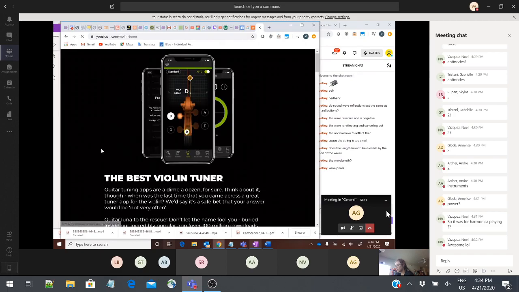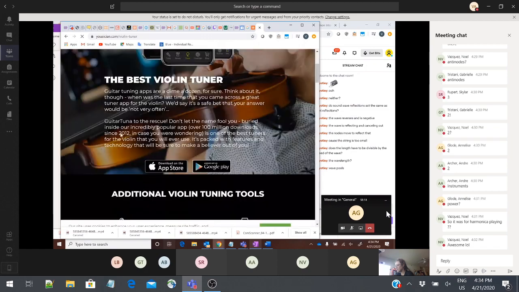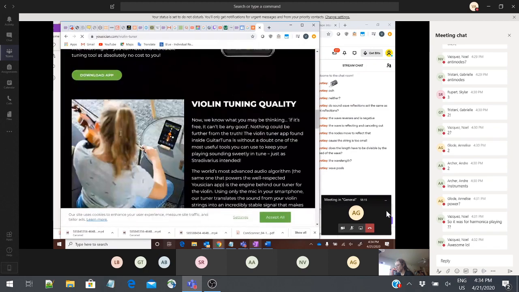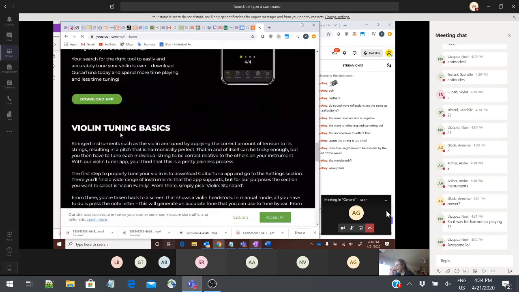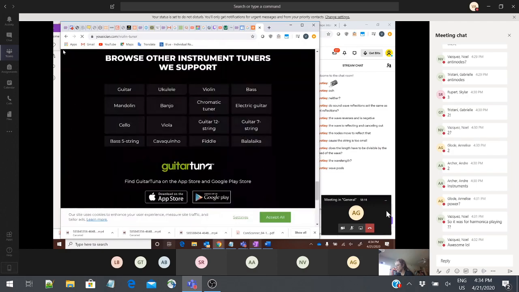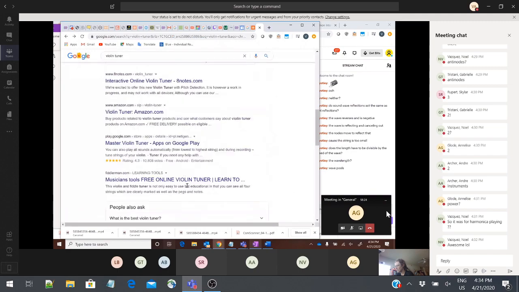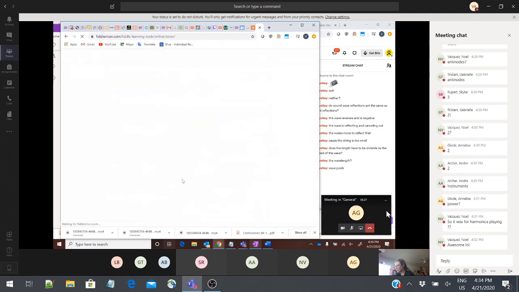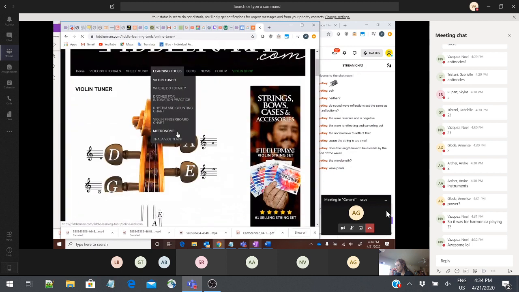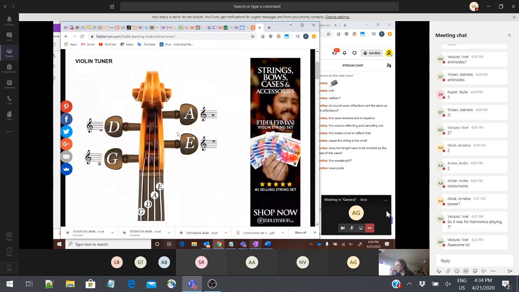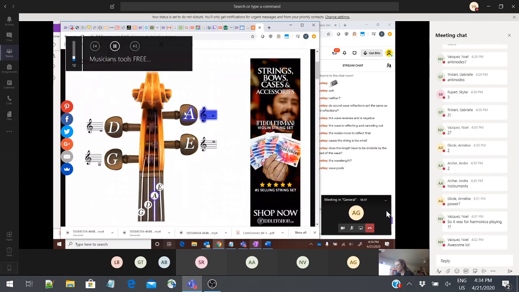I have a physical one, oh, I don't want this. I want one that I can use online. I have one on my phone, but I want to be able to show you. Online violin tuner. I want one that actually uses my microphone.